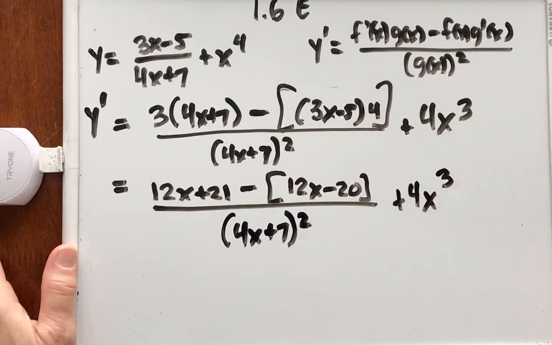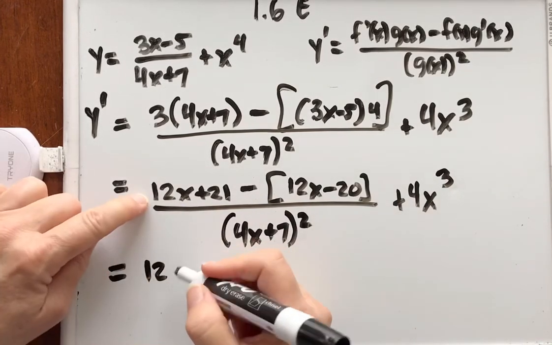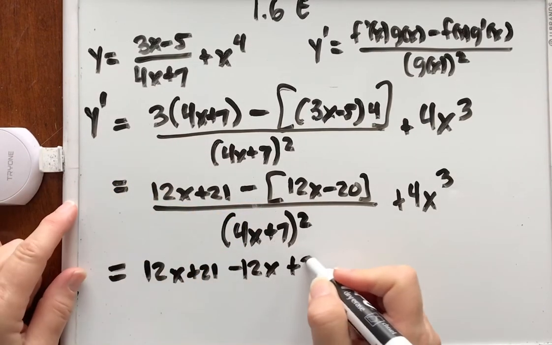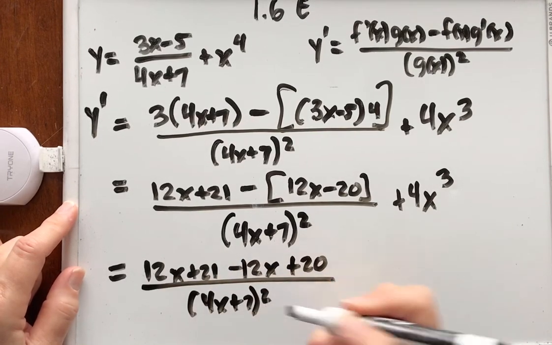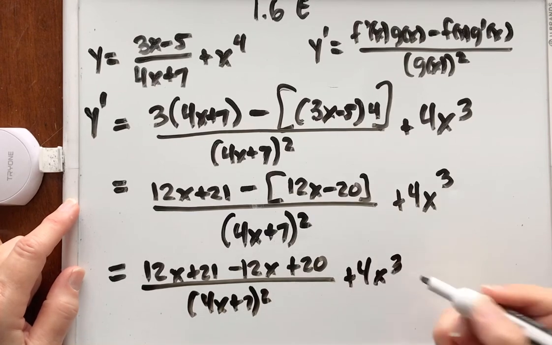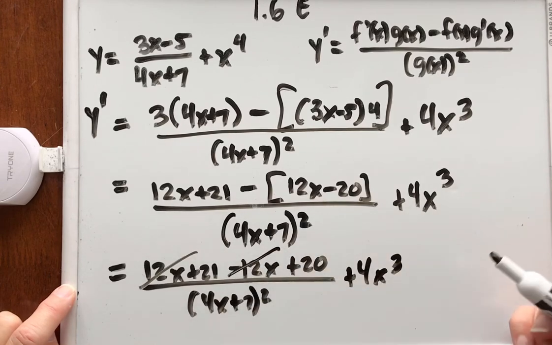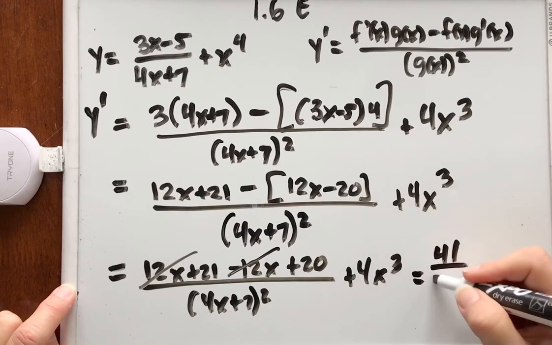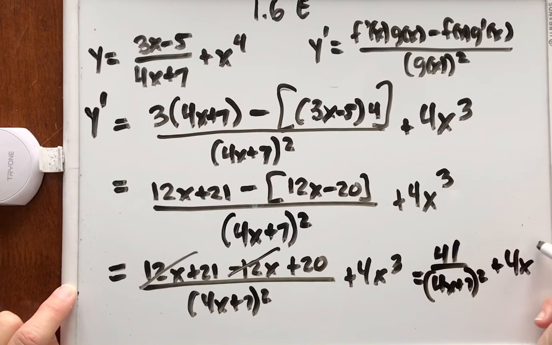All right, so we're going to distribute this, and we have, starting here, 12x plus 21 minus 12x plus 20 all over 4x plus 7 squared plus 4x cubed. Okay, we can see our 12x's cancel out. So we are left with 41 over 4x plus 7 squared plus 4x cubed.